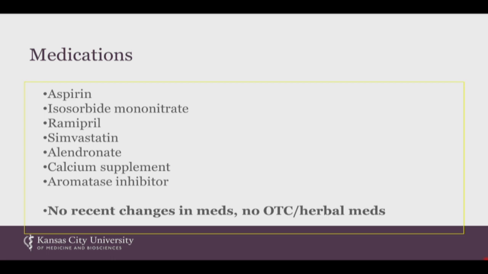She takes simvastatin daily to combat hyperlipidemia, as well as alendronate and a calcium supplement to help support her osteoporosis. Her breast cancer is being treated by an aromatase inhibitor, and again, she reports no changes in current medications and no use of over-the-counter or herbal supplementation.